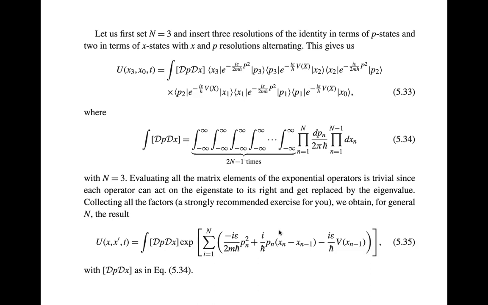So you put them together, this becomes the exponential of i over h bar times (p1 x1 minus p2 x1 plus ...). This contributes to this term if you get them correctly. This is called the boundary phase term, but don't worry about this at this stage.